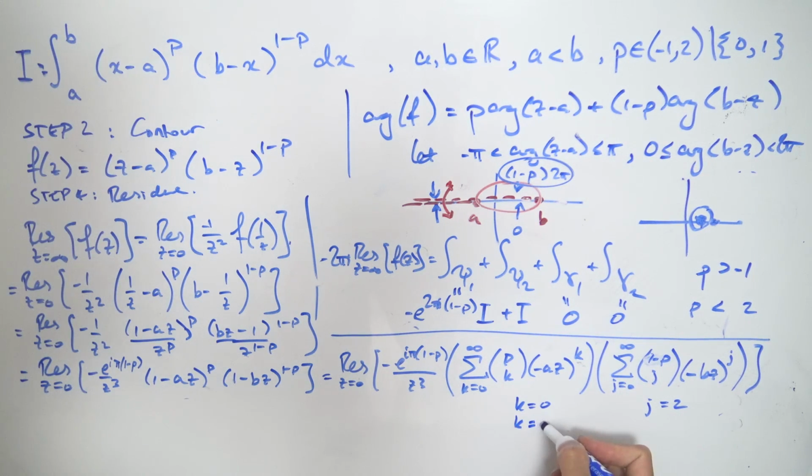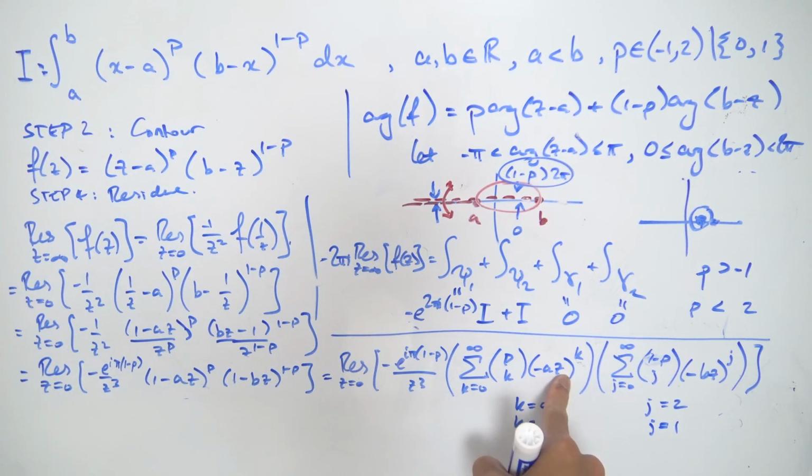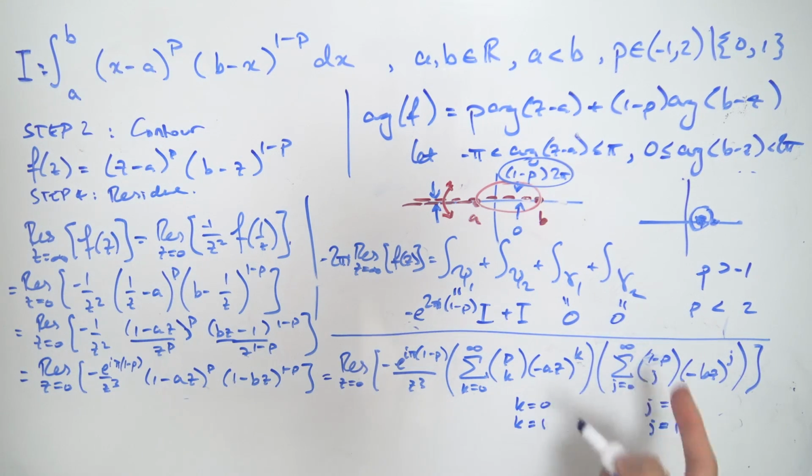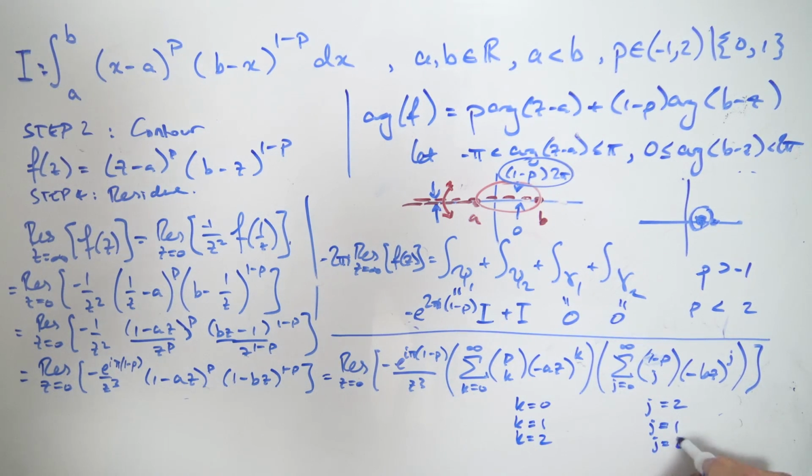We also have the case where k is equal to 1 and j is equal to 1. So we're going to have a z to the 1 and a z to the 1. Multiplying those together, we're going to get a z squared. And we also get the case that k is equal to 2 and j is equal to 0. And again, we're going to get a z squared term at the other end if we take that case. So we have three separate cases that will produce a z squared.